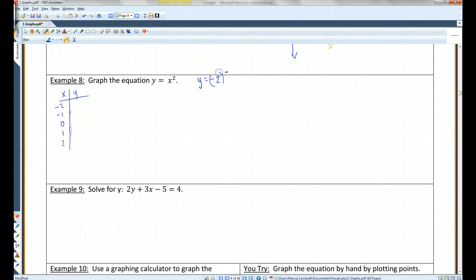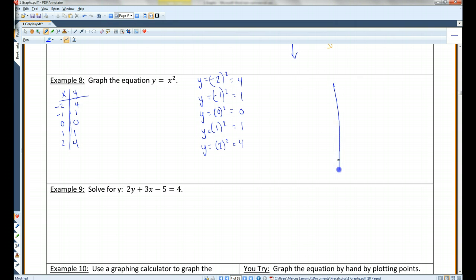Negative 2 squared equals 4. Negative 1 squared equals 1. 0 squared equals 0. 1 squared equals 1. 2 squared equals 4.